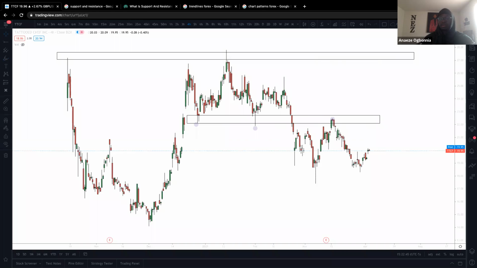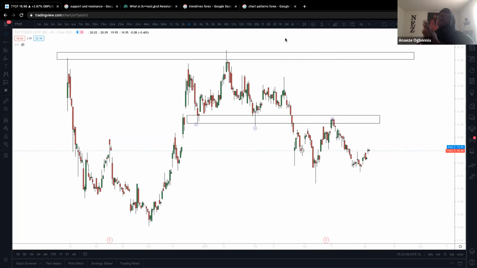Okay. Like I was saying, this is where you're gonna see how support and resistance switch over each other. What I mean by that is that when price breaks this support, comes back and retests, now that's your resistance. It's no longer support, it's now your resistance.